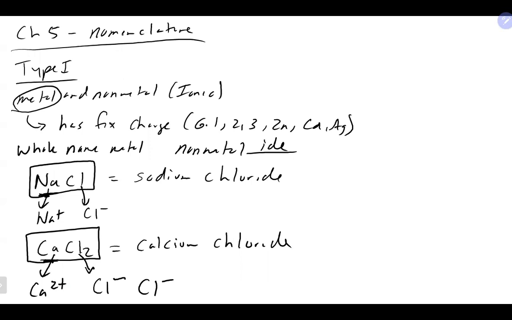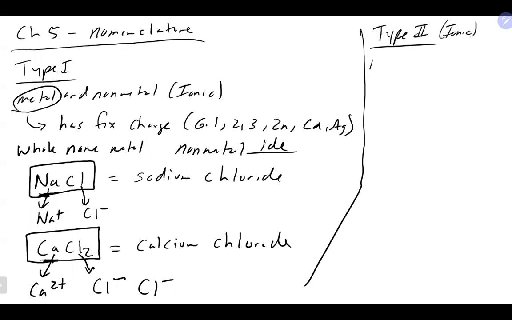Then we obviously went to type 2, which is pretty much similar. Type 2 also going to be an ionic compound, also going to be a metal and a non-metal. So once again here, it is our metal that's most important. This would be guys that have a variable positive charge.